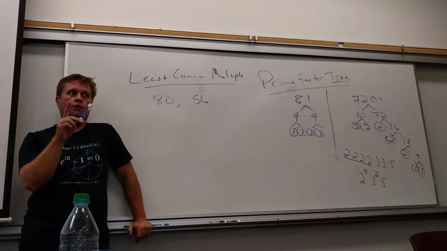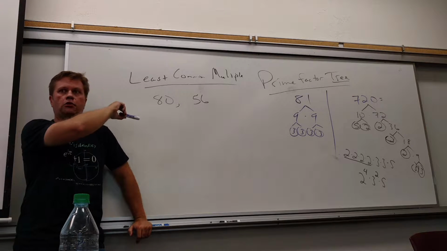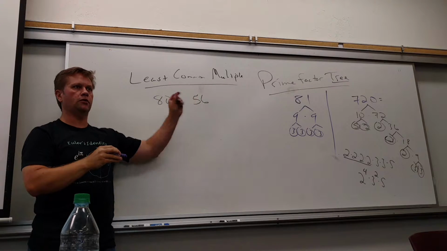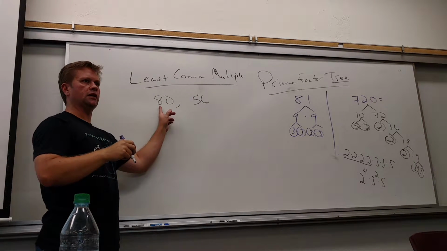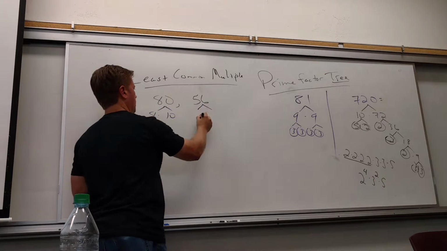Now watch this. I like the way you're thinking. I could first start with the biggest number that goes into both. What is the biggest number that goes into both? 8. Do you guys see that? This is 8 times 7. This is 8 times 10. So write that. 8 times 10. 8 times 7.